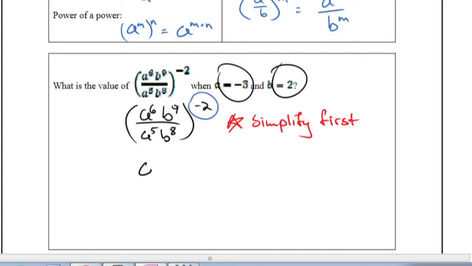I'm going to get a to the 5, b to the 8 on top, my numerator, a to the 6, b to the 9 on the bottom. But at least now my exponent on the outside is positive. That's why I want to simplify that.